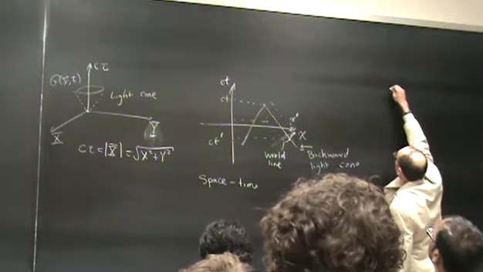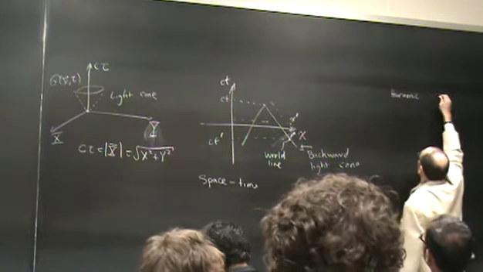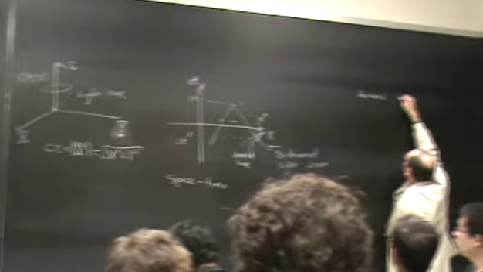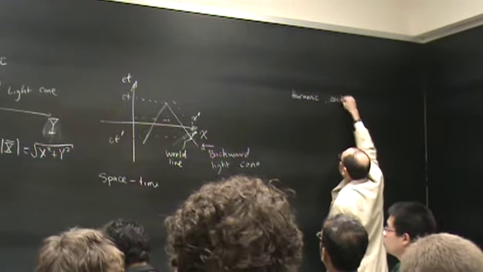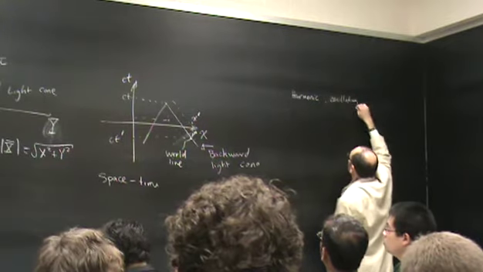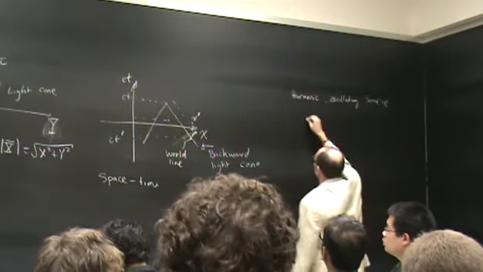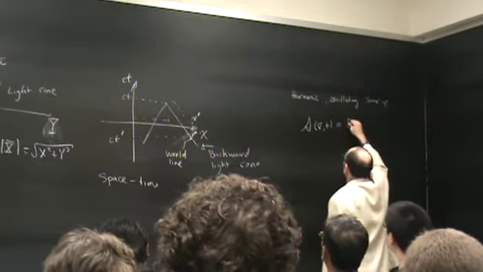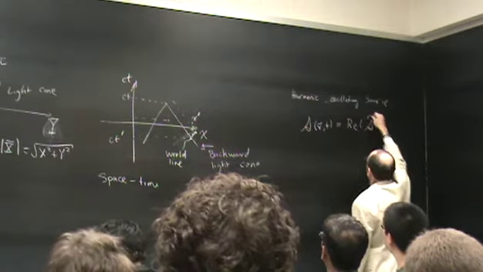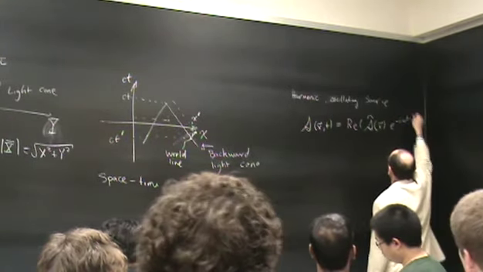So for a harmonic oscillating source, let's say that the source as a function of time is the real part of some complex amplitude times e to the minus i omega t.